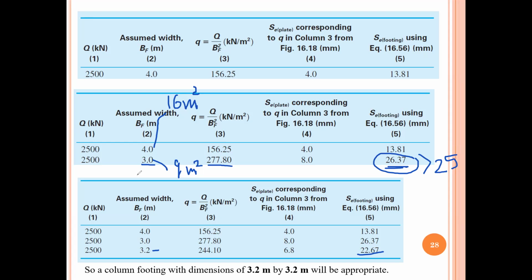We start with a value, do the calculation, and see whether the settlement is higher than expected or much lower than expected. If it's much lower, we need to increase the width a little bit. But when it's close, like 22.67, we could even check 3.3. But since we are later applying another safety factor, we just say, okay, 3.2 is enough.